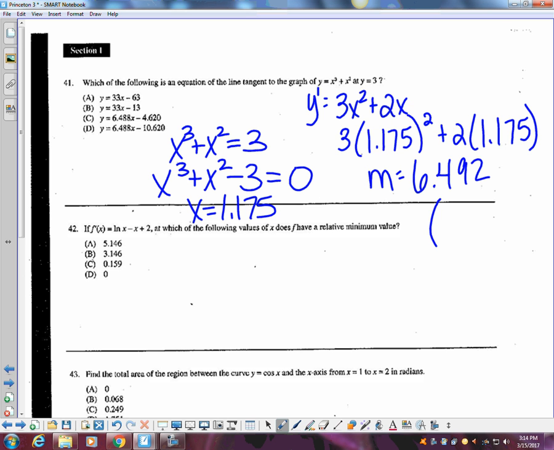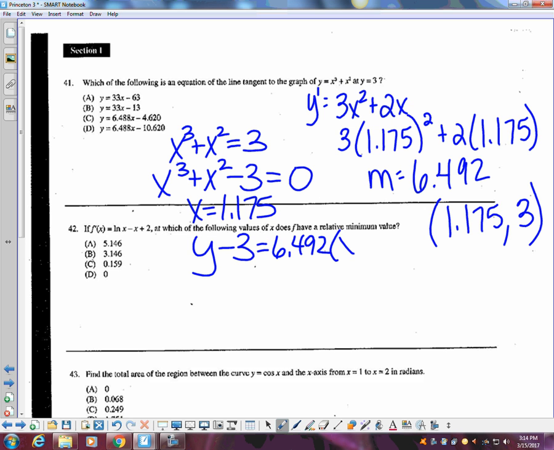What was my point? 1.175 comma 3. Okay, so y minus y1 equals m times x minus x1. Okay, well, what the crap? What did they do? They have distributed, they have cleaned. Can we trust that we could do that? Distribute that sucker and clean them up, and you get C.